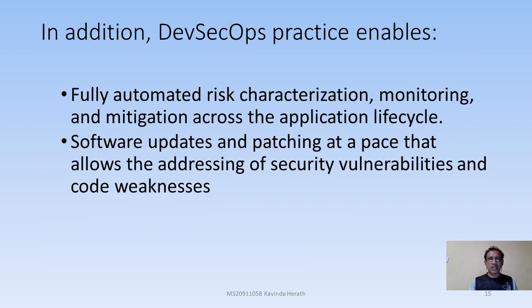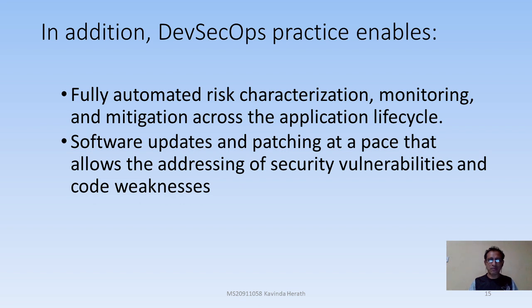In addition, DevOps practices enable fully automated risk characterization, monitoring, and mitigation across the application lifecycle. So, if possible, have it automated and keep monitoring, keep your eyes on it to mitigate issues in the life cycle.